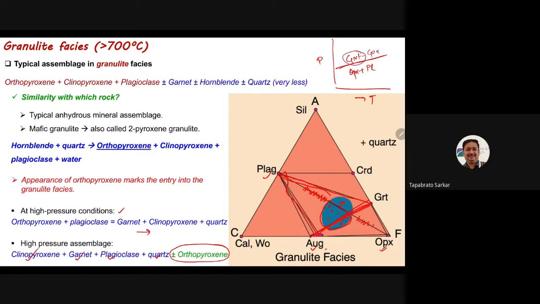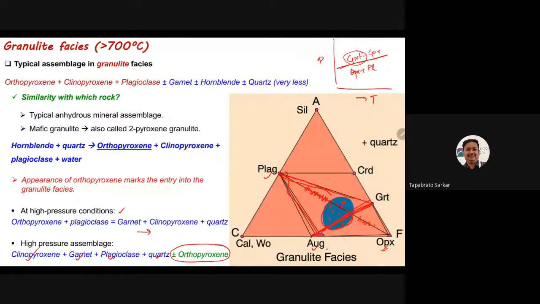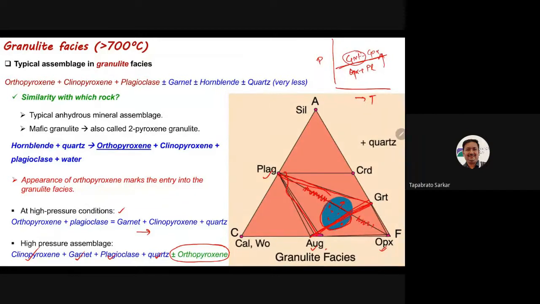As I said, garnet is a much more dense mineral and it is always favored at higher pressure. So within the granulite facies, if we move to higher pressures, then OPX plus plagioclase becomes more unstable, and garnet and CPX become more stable. Then this tie line will be replaced by the garnet CPX tie line.